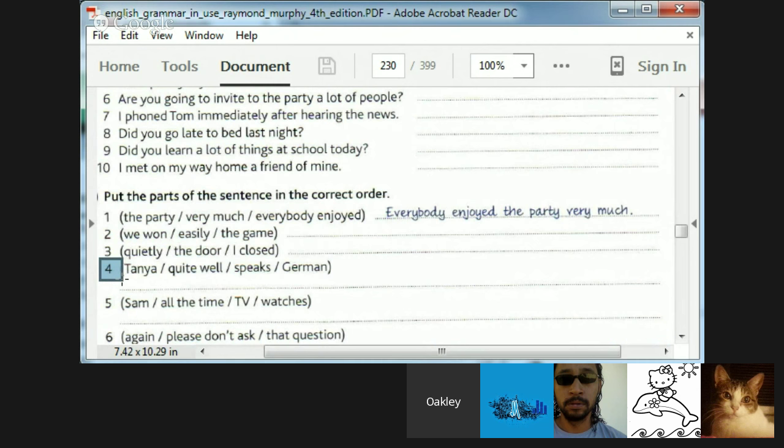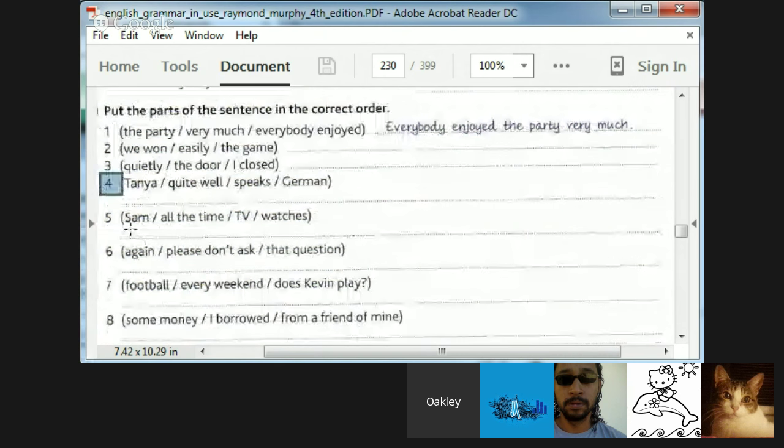Tanya speaks German quite well. There you go. Okay. So again, we're forcing a certain sentence structure with the adverb after the object noun. Mustafa, number 5. Okay, Sam watches TV all the time.